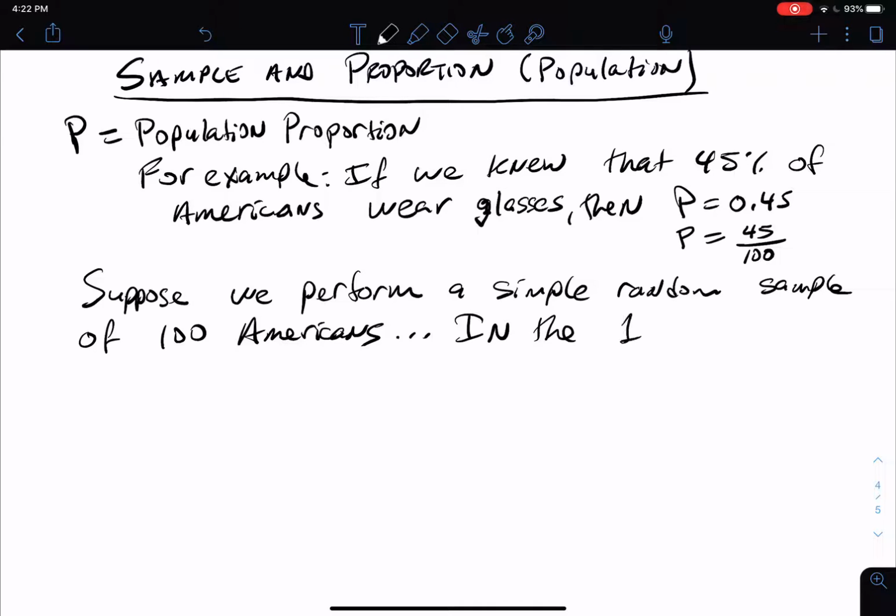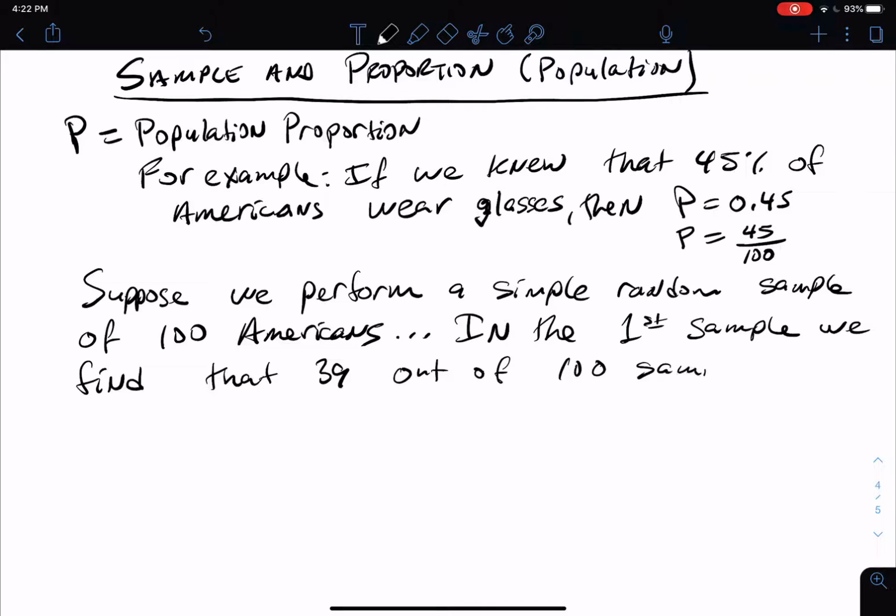In the first sample, we find that 39 out of the 100 sampled wear glasses.